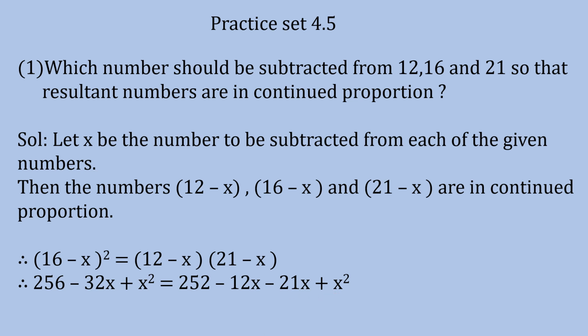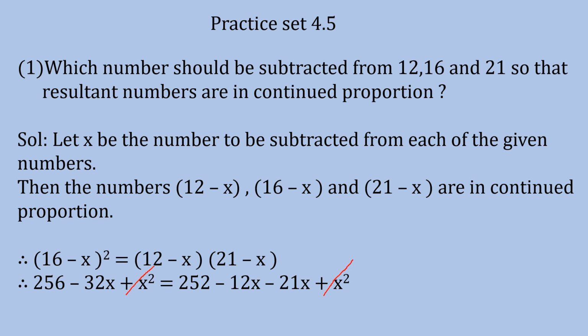Is it clear? Now student, can you see that on the left hand side x square is there with a positive sign, and on the right hand side it's the same. So you can cancel these two because they have the same sign on opposite sides. Or if you bring x square over here, on the left hand side it will become minus x square and get cancelled.